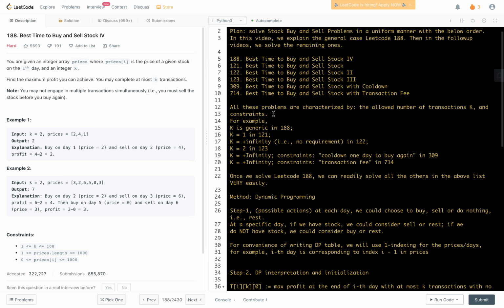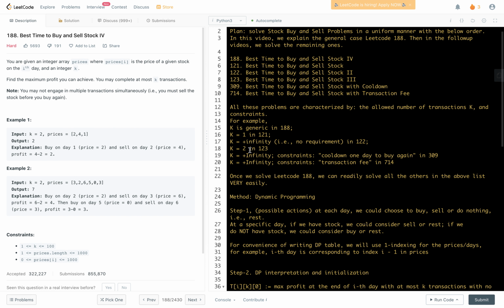Actually, all these problems are characterized by the following things. The first is the allowed number of transactions, let's call it capital K, and the other constraint. For example, in problem 188, K is a generic K, and in problem 121, K equals 1, and in problem 122, K can be regarded as positive infinity.